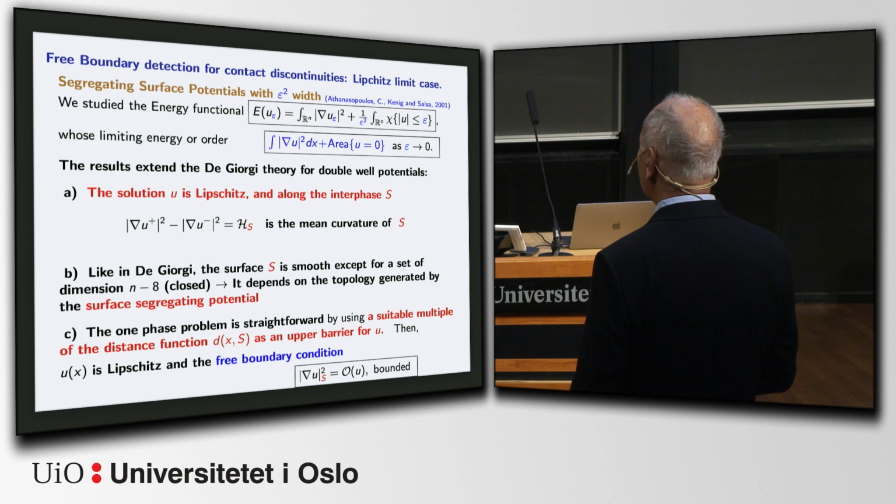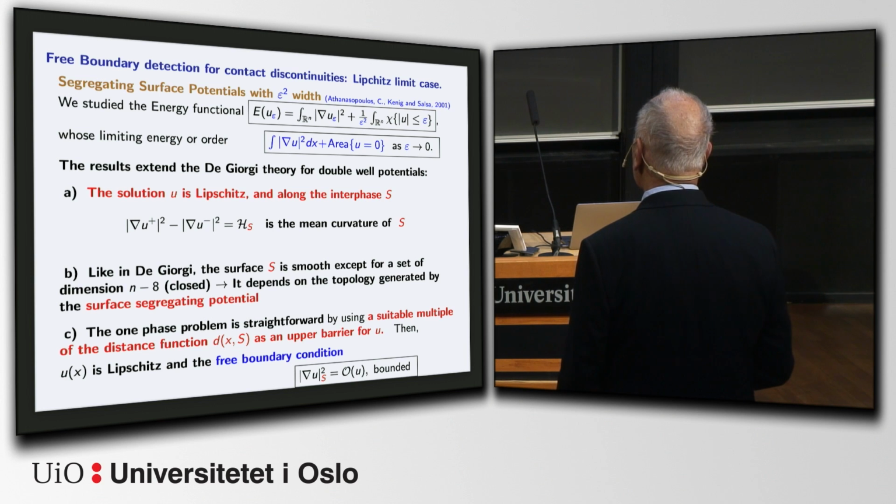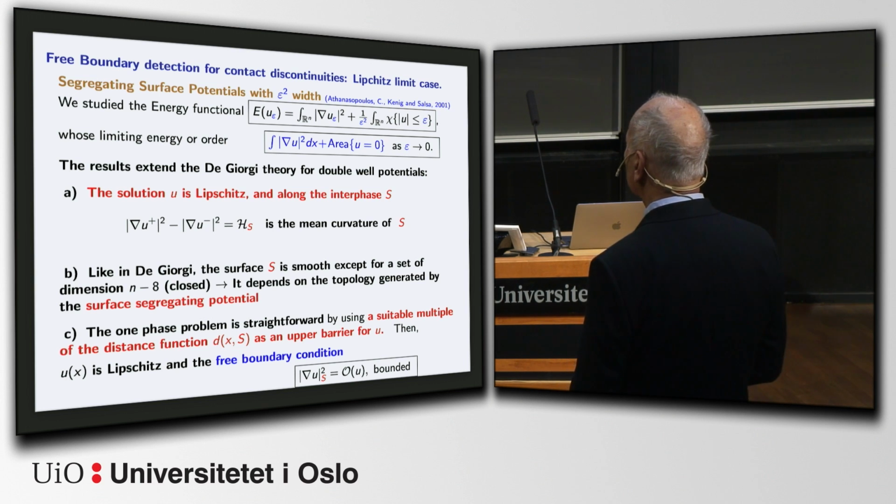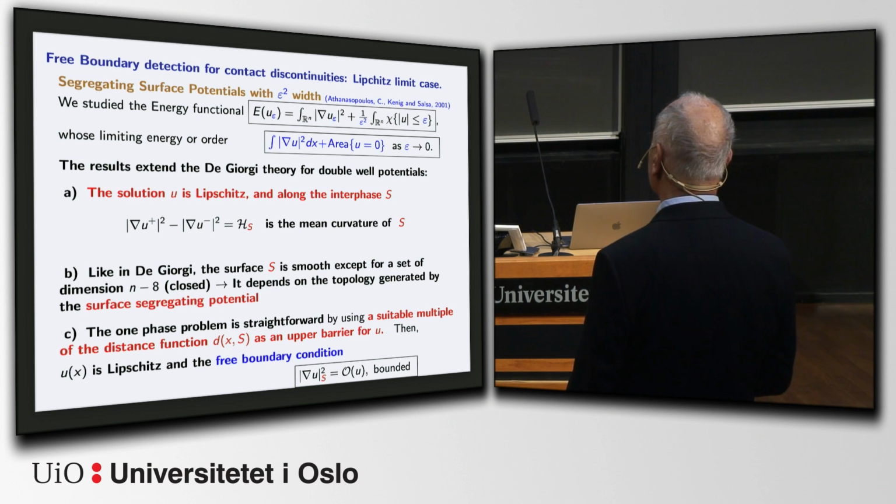Okay, see, there is a Lipschitz one, right, and the Lipschitz one is straightforward by using a suitable multiple of the distance function, distance from x to S, as an upper barrier for u.